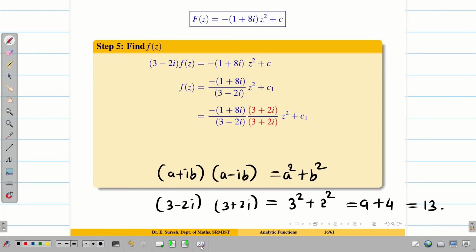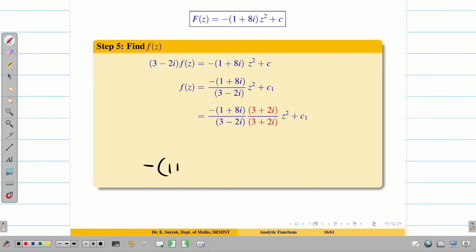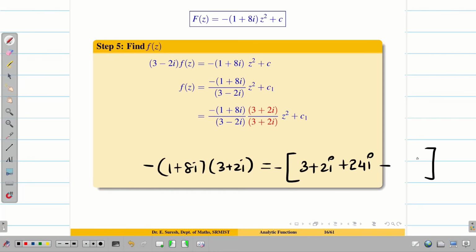For the numerator, we have to multiply minus of (1 plus 8i) into (3 plus 2i). I will keep the minus outside as usual and multiply the remaining terms. If we multiply with 1, we get 3 plus 2i. If we multiply with 8i, we get 24i, then 16 i square, and i square is minus 1, so I am writing directly minus 16. So it is 3 minus 16, that is minus 13, plus 26i.